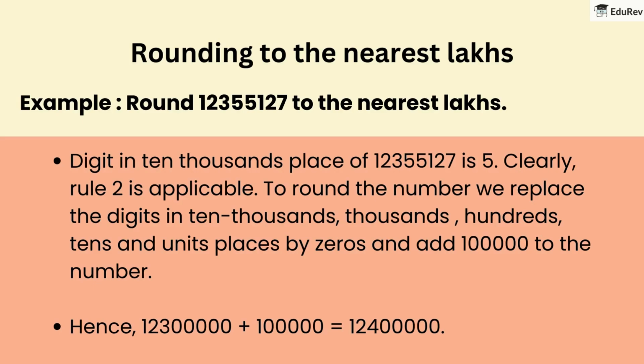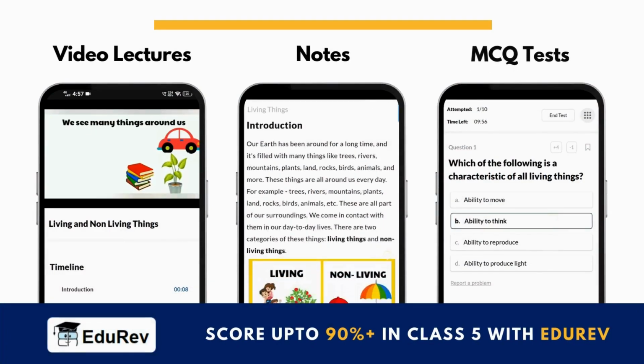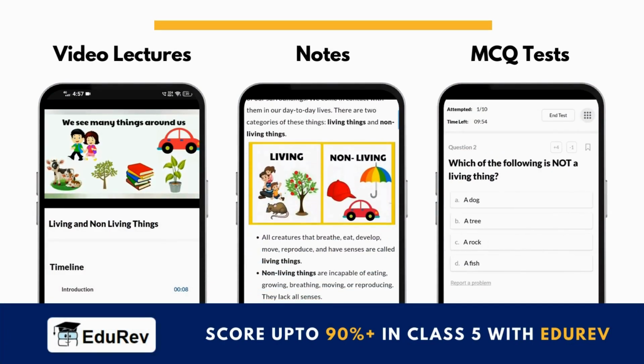To round the number, we replace the digits in 10,000s, thousands, hundreds, tens and units places by zeros and add 100000 to the number. Hence, 12300000 plus 100000 is equal to 12400000.